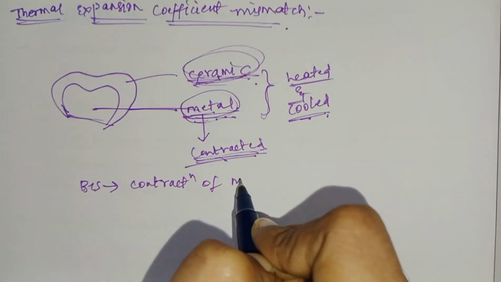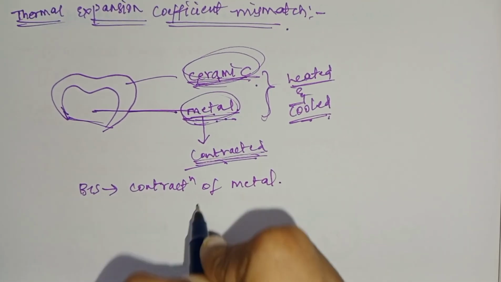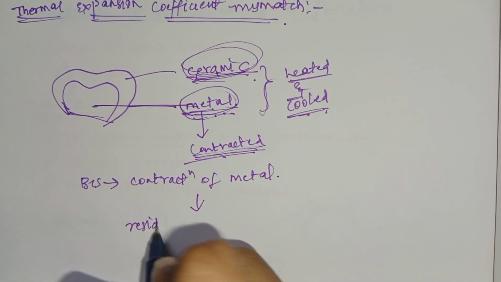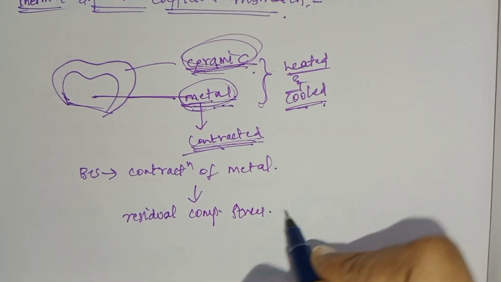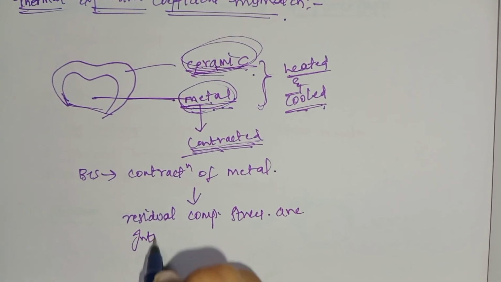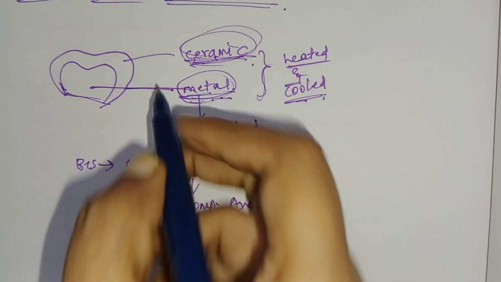Because of the contraction of the metal, residual compressive stresses are introduced on the outer surface of the ceramic.